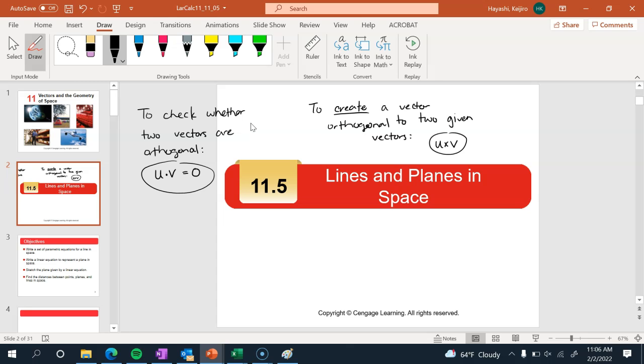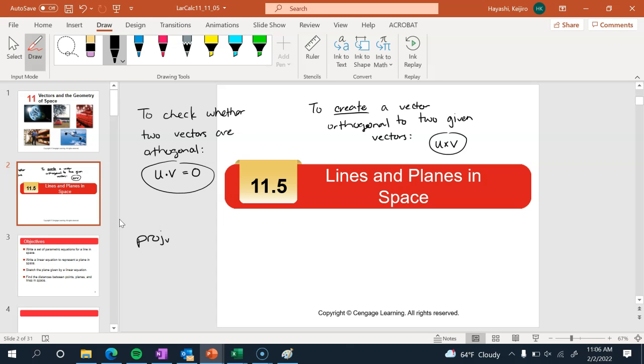Well, I guess when we start talking about distance, there's another thing from the dot product chapter: projection.